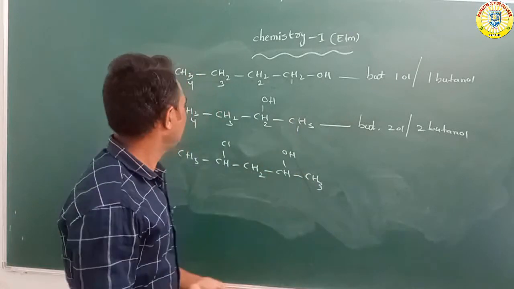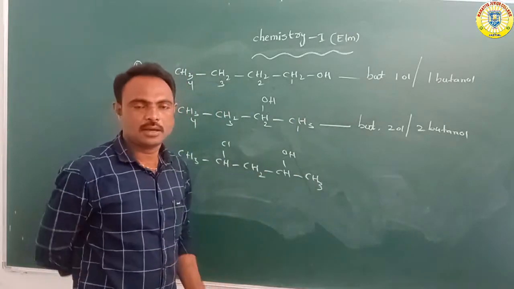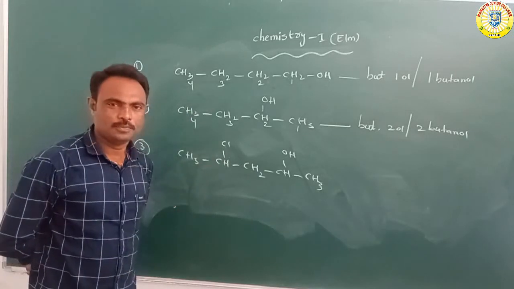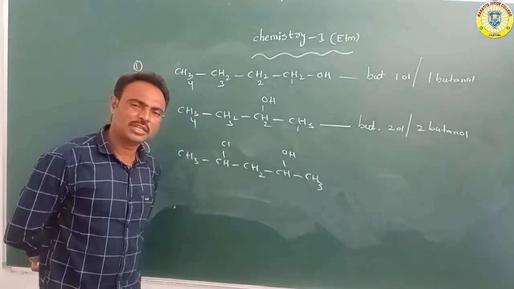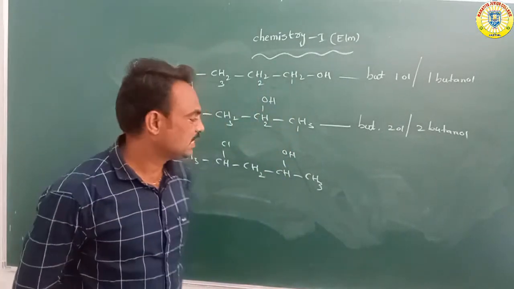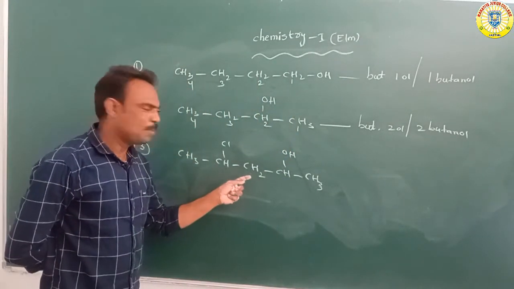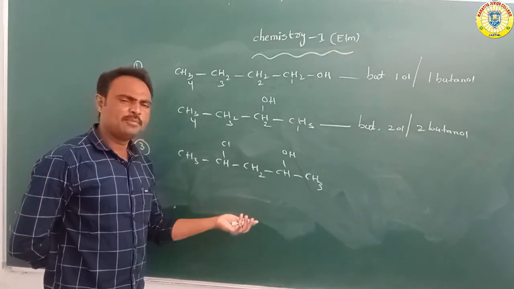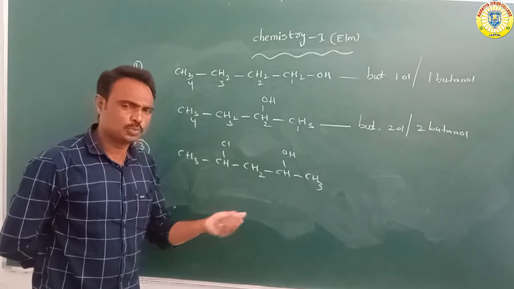Next, the third example. It is also attached with the functional group OH, the alcohol functional group. At the same time, this carbon compound is attached with one chlorine group. Which side do we number from? The function group side.